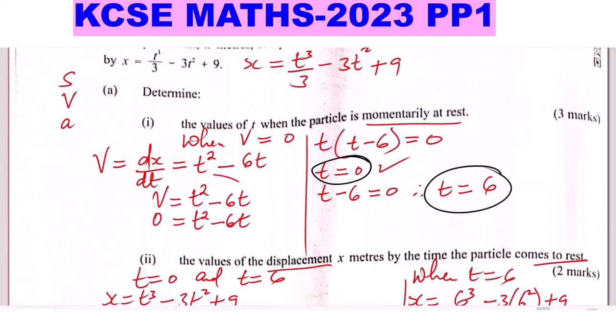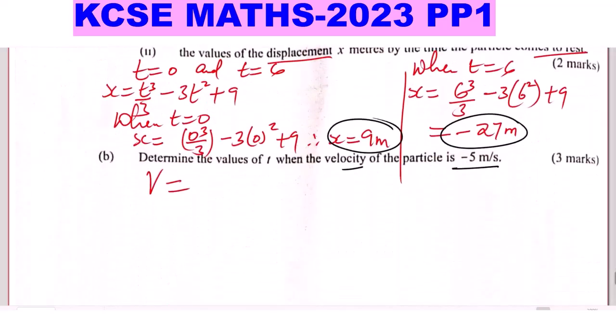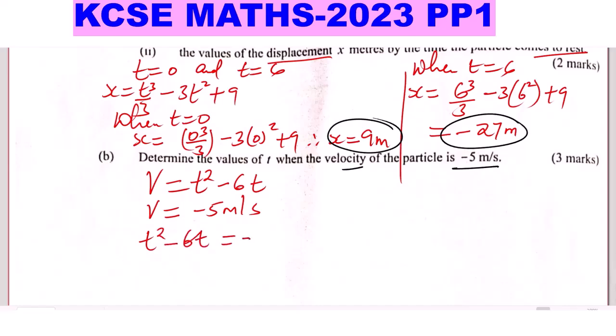Velocity is given by v is equal to t squared minus 6t. Now when v is equal to negative 5 meters per second, you just need to substitute. So t squared minus 6t, which is velocity, is equal to minus 5.